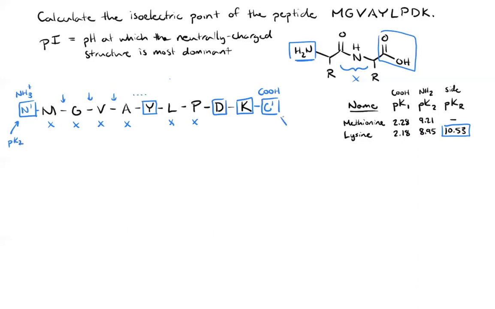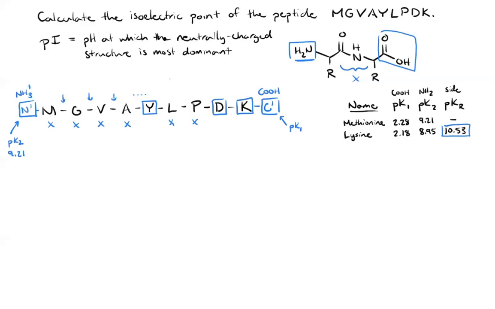And for our carboxyl terminus, this is going to be the pK1 that's listed in the table. So we have to make sure we're picking the right values here. For methionine, just like I mentioned before, it has a pK2 listed on the table of 9.21. And so that's the value that we're going to put down as one we have to consider.